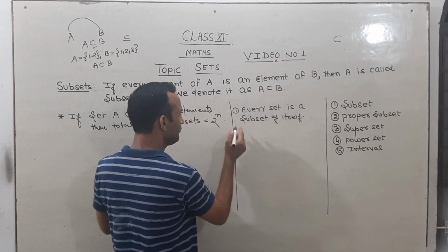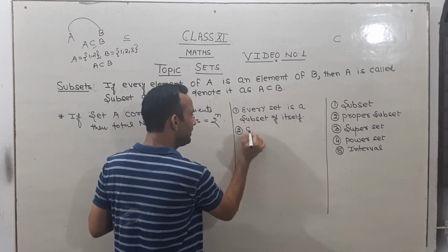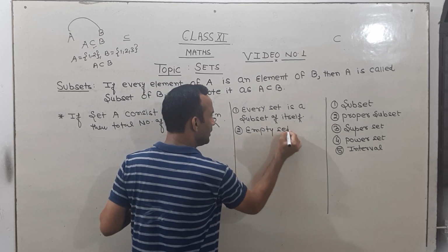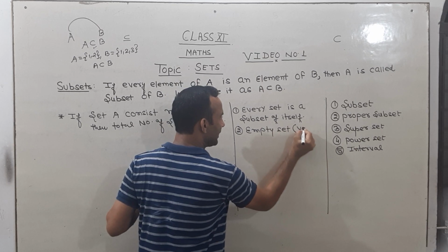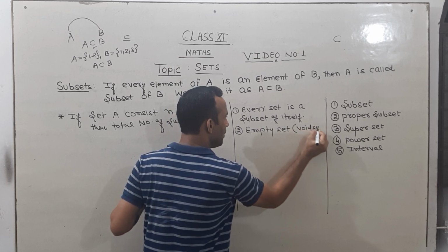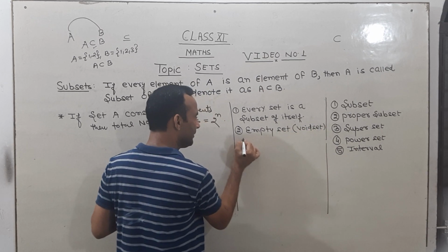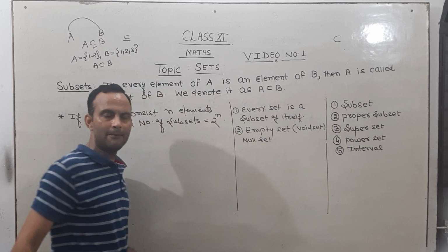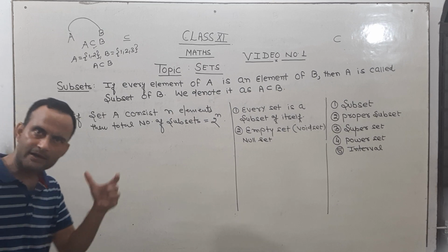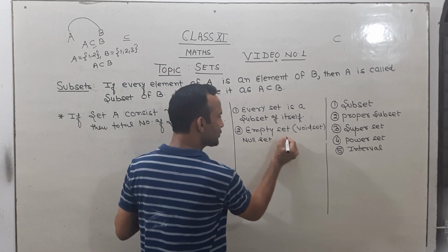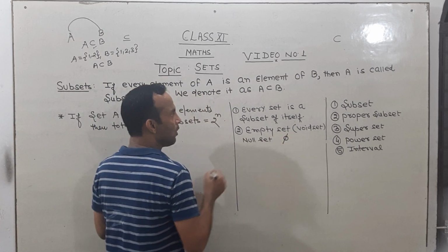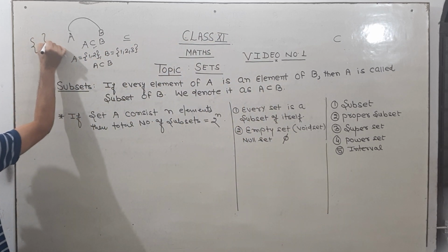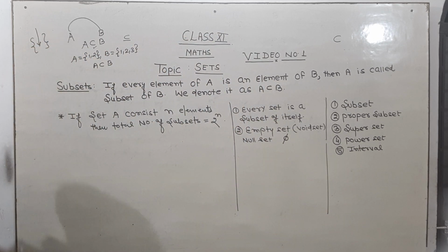Second, empty set या आप कह सकते हो void set और आप कह सकते हो null set। Empty set के ये तीनों नाम हैं, empty set, null set, void set, which is denoted by φ, or you can simply denote in this way. Empty set means there is no element.